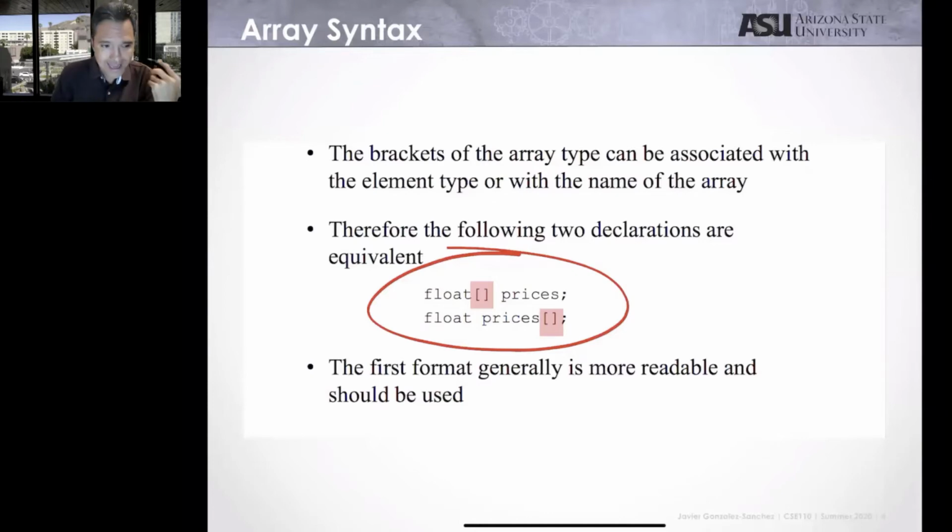Now, another important thing is, in my example, I show you int x square bracket equal new int, and I want 6 elements. You know that that line is really 2 statements, 2 instructions.